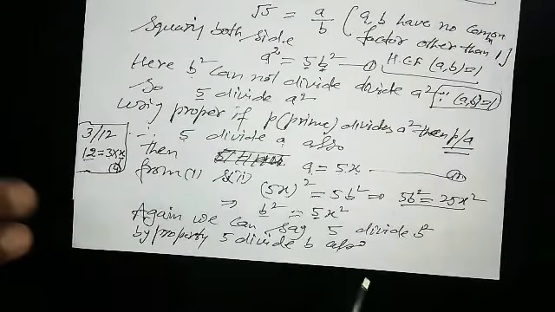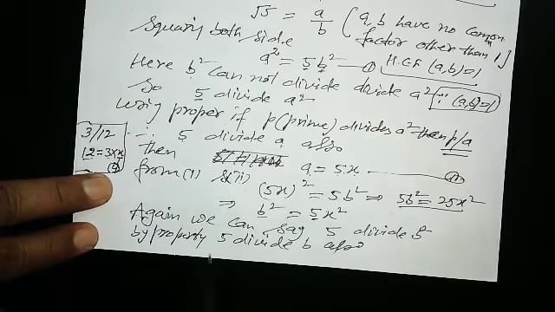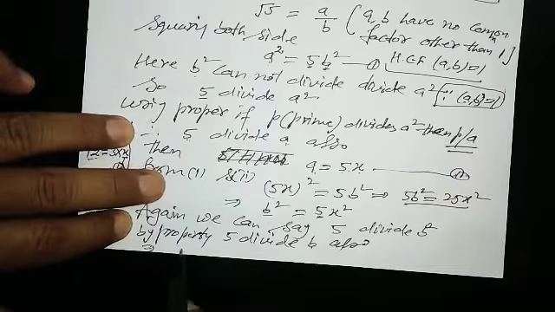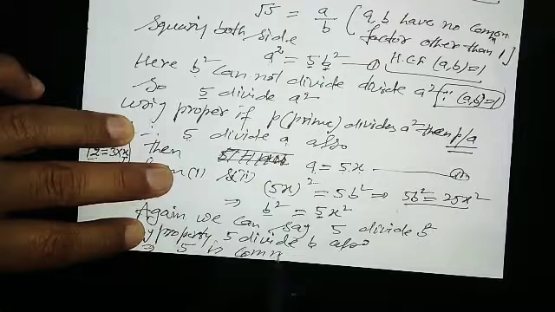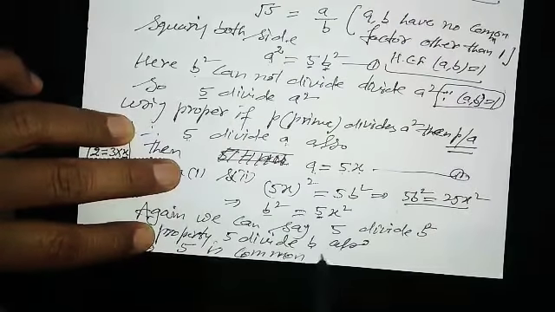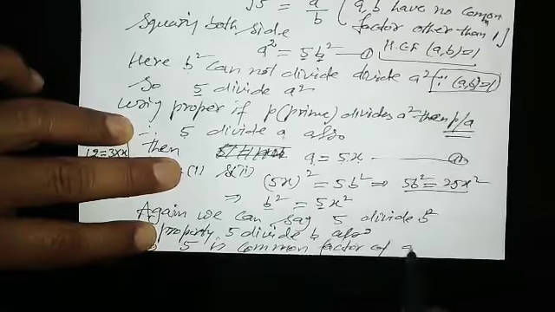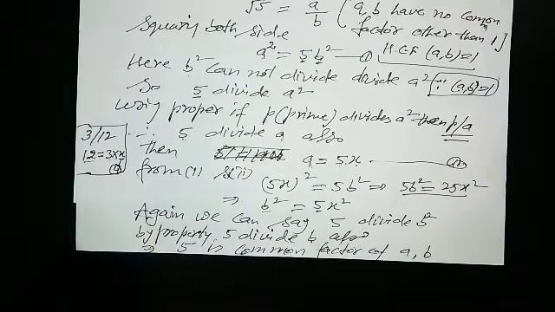Now come to the main point. 5 divides a, 5 divides b, what does it mean? 5 is a common factor of a and b, because 5 divides both.